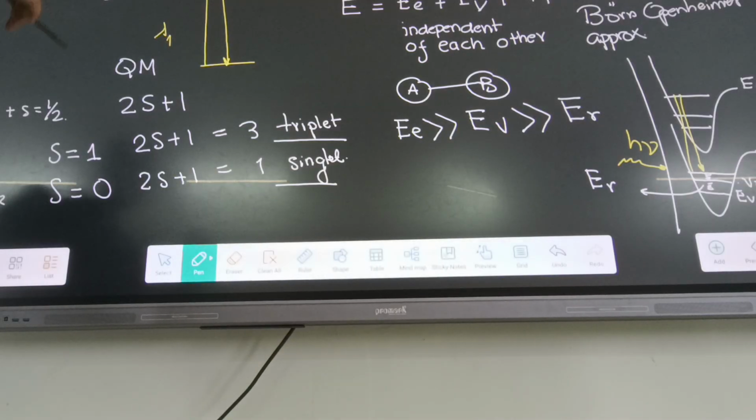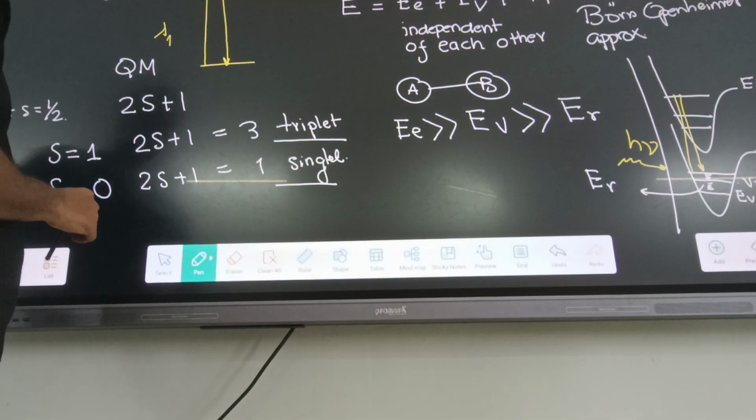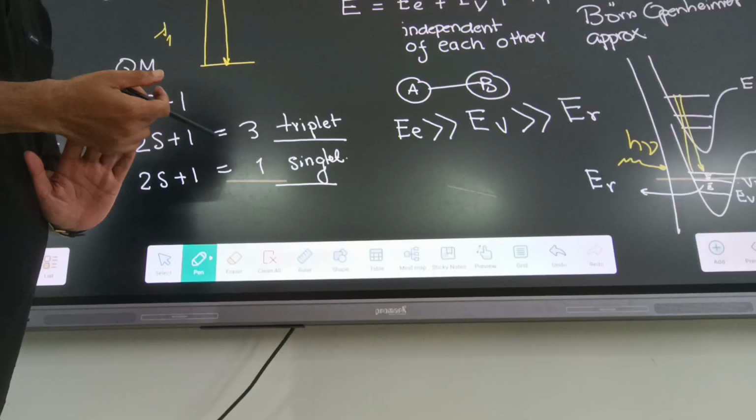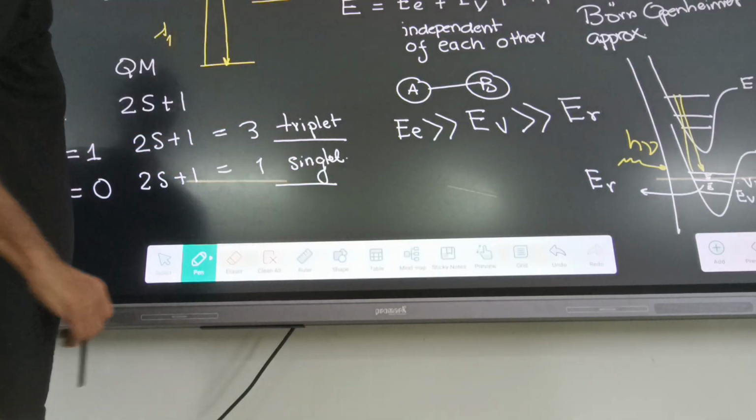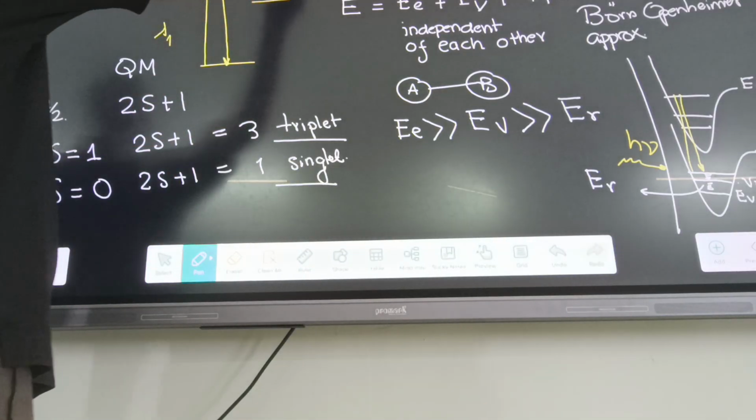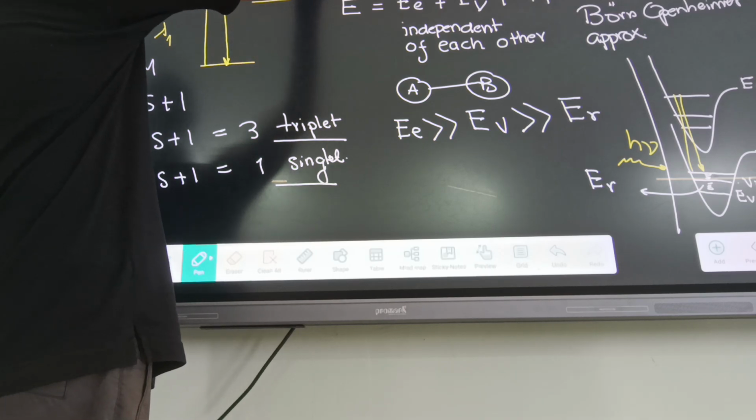Now in this process के बीच, if there is some internal reaction taking place, so that it goes to an in-between state, so this is a singlet state.